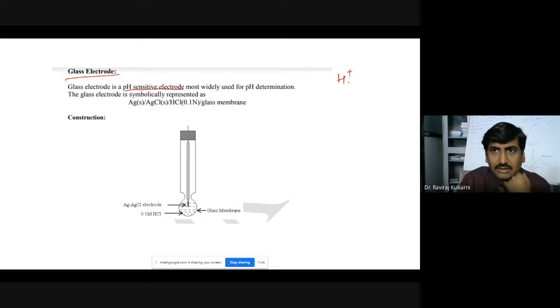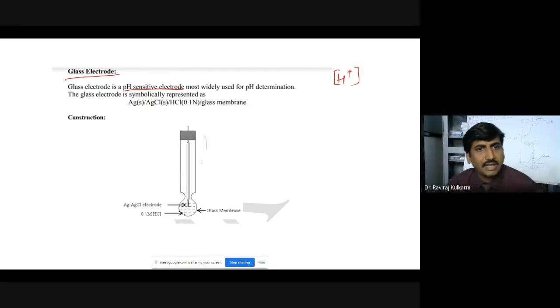H plus ion concentration. If you change the H plus ion concentration, the potential, the voltage of this electrode changes. So it's a sensor. Glass electrode is also known as pH sensor, pH sensitive electrode, widely used for pH determinations.